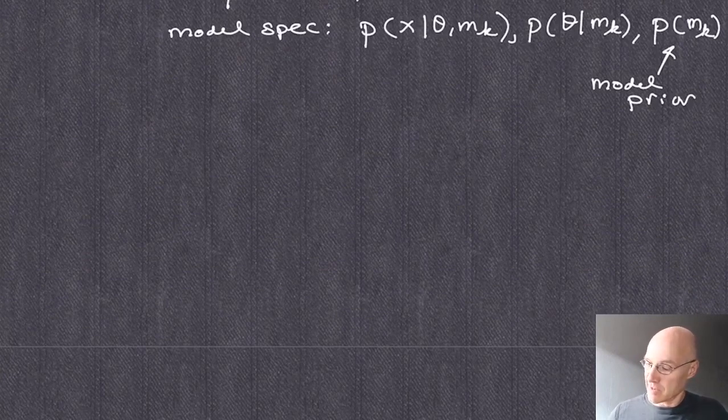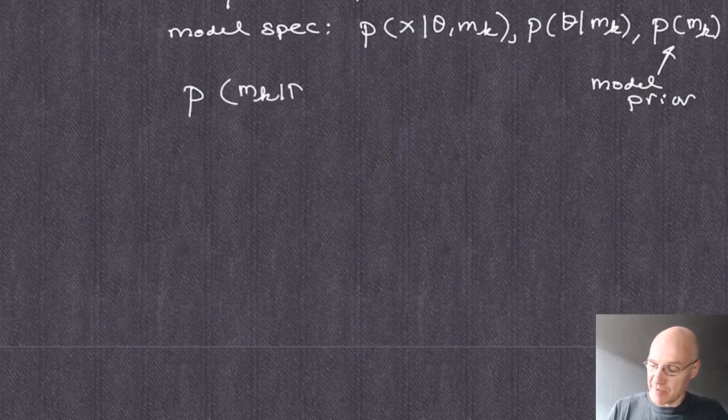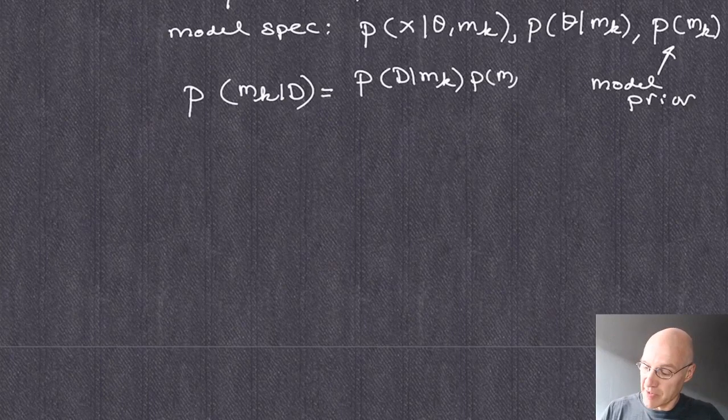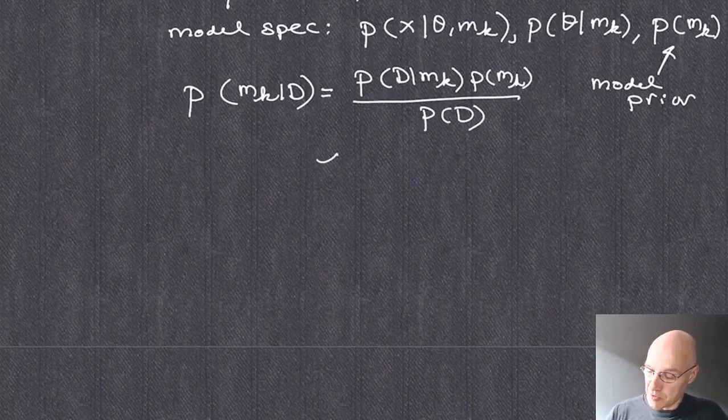So we want to compute p of mk given D. Well, that is p of D given mk times the prior for the model, divided by p of D. This is proportional to just the numerator.